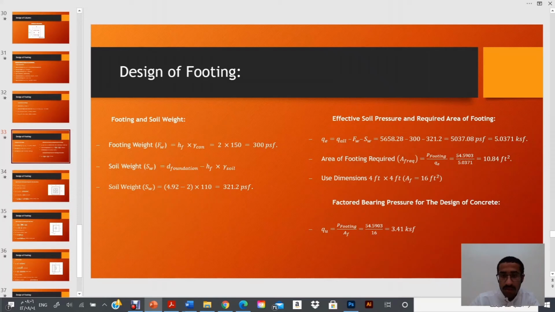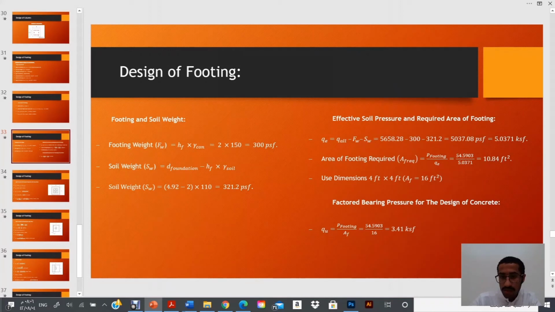The effective soil pressure equals the allowable soil pressure minus the footing pressure minus the soil pressure, which equals 5.0371 kips per square foot. So the required area equals the load on the footing divided by the effective soil pressure, equals 10.84.